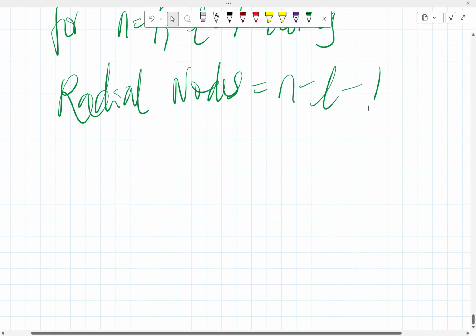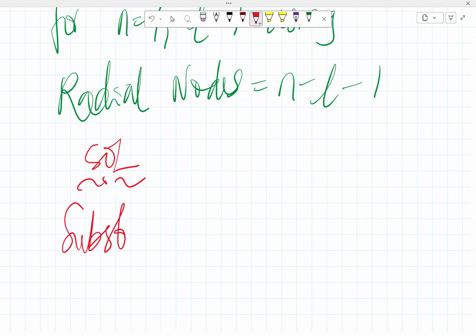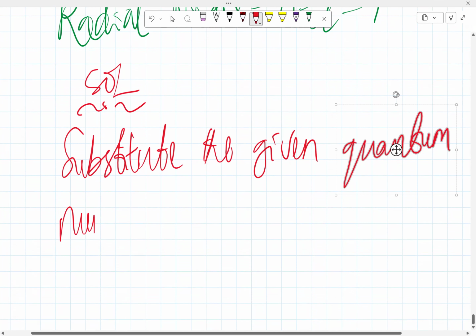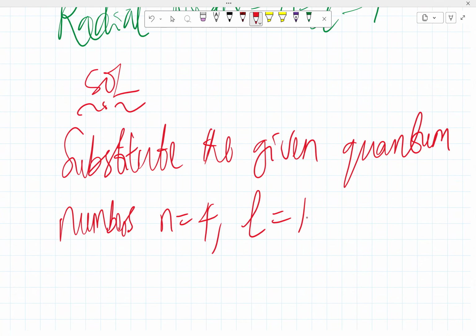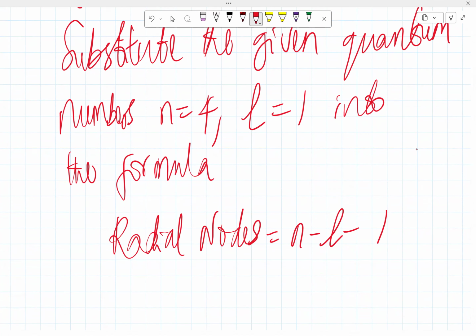So let's go for that. First step, the solution will be to substitute the given quantum numbers, n equals 4, L equals 1, into the formula, radial nodes equals n minus L minus 1.